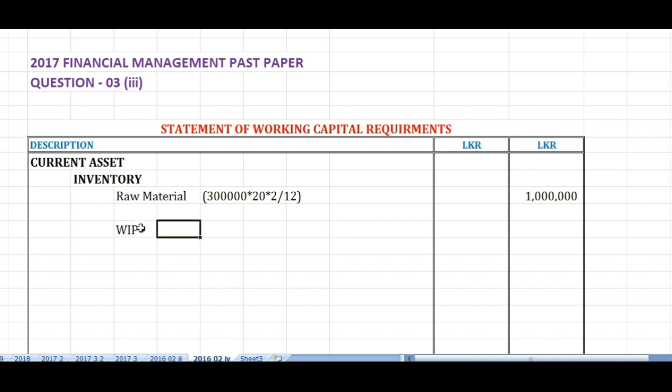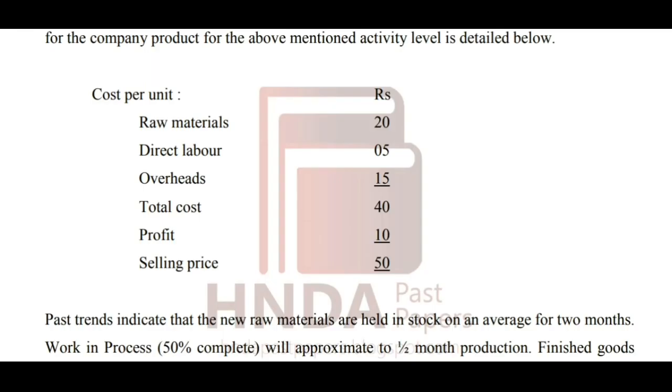Work in progress. Under the work in progress, there are 3 elements: raw material, direct labor and overheads. Work in process 50% complete will approximate to half month production. So degree of completion is 50%. So we have to consider 50% work in progress value in the net working capital and approximate to half month production.